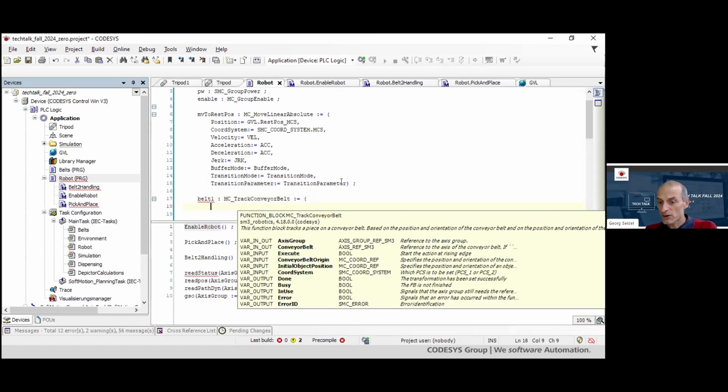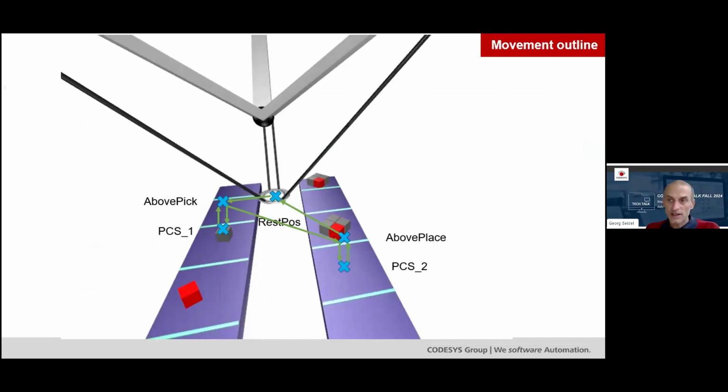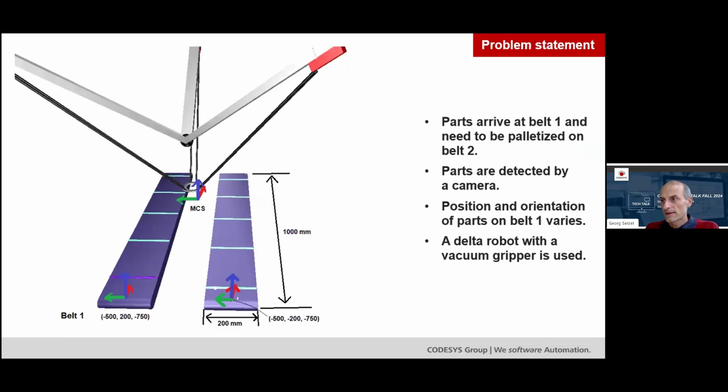What we need is the conveyor belt origin. This means where in space is this conveyor belt? We have to look it up in our diagram here. I go back one slide. Here we can see belt 1 and belt 2, and I've drawn the coordinate systems here.